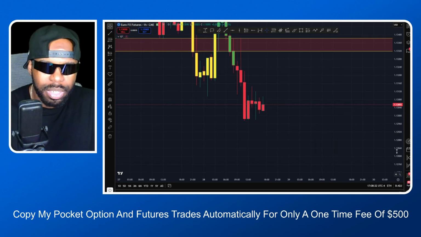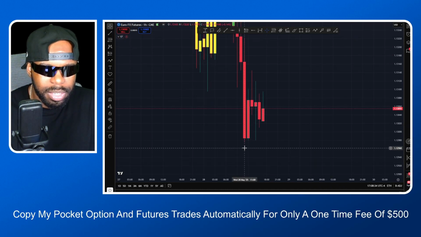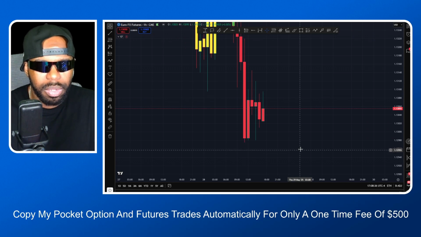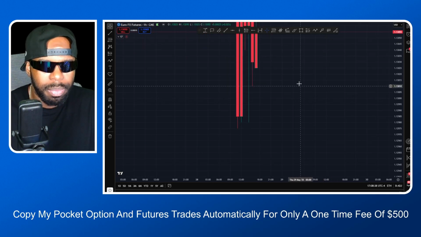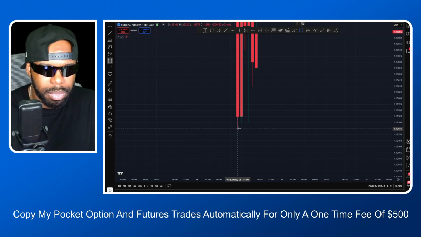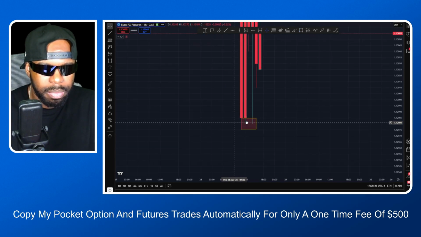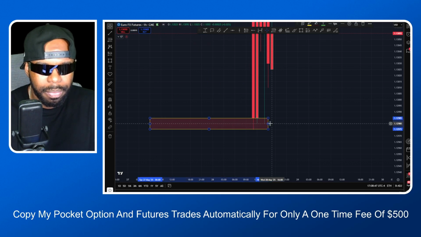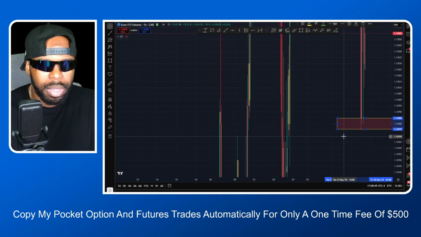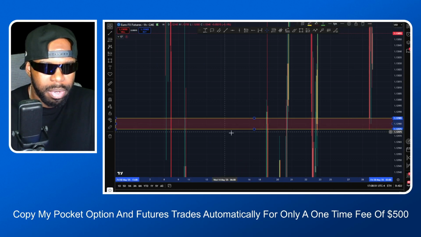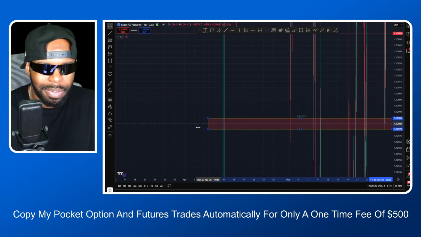As you can see, this candle right here is today's U.S. session low. So I'm going to mark this up. I like to stretch it out a little bit, mark it up. That will give me my U.S. session low. And then I like to drag this in the past.